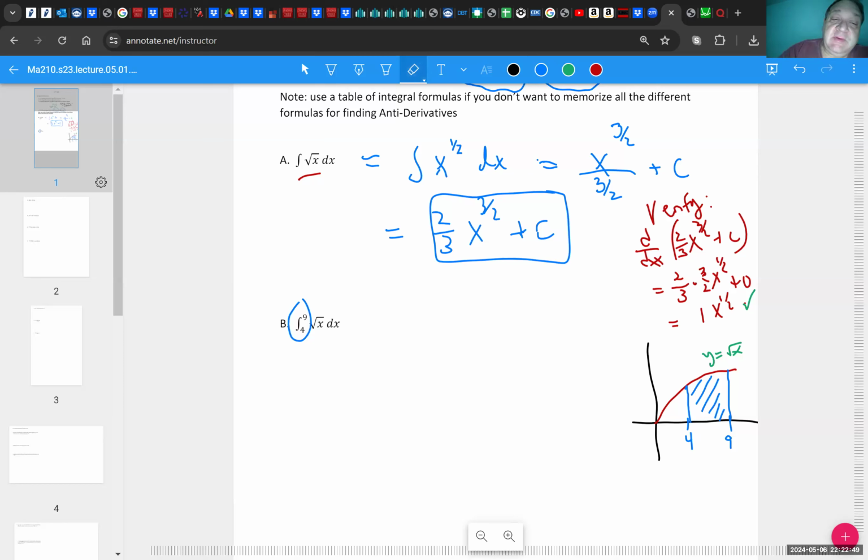I oftentimes will write this, emphasizing this here. But mathematicians typically don't do this. They just write the 4 and the 9. They say, oh, you figured it out. You know it's the x-axis. I think for most people, they remember it's the x's.